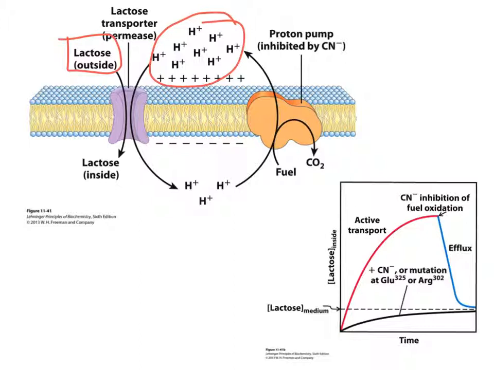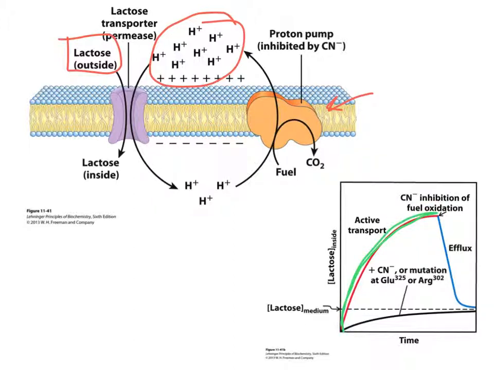Well, the proton pump is responsible for providing the proton gradient that's used as the energy source. So if we in any way inhibit the proton pump, if you look at the graph here in the bottom right-hand corner, the red shows just our active transport process. Notice you do see the saturation kinetics occurring in this process.